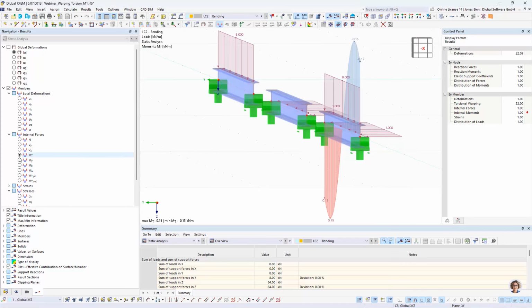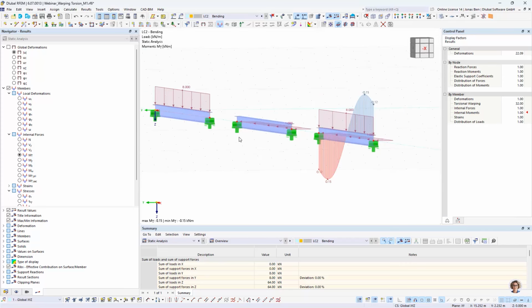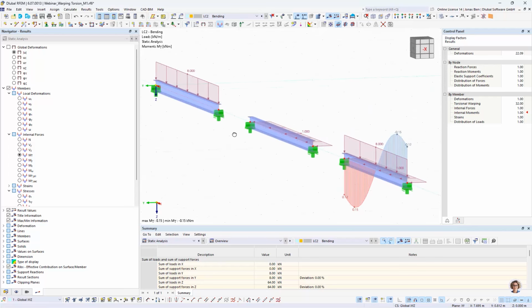And this is also obvious when looking into our section forces or internal forces. We now see that in the double bending case, not only My and Mz are present, where by the way, the weak axis bending moment has now increased by almost a quarter with respect to the reference configuration.